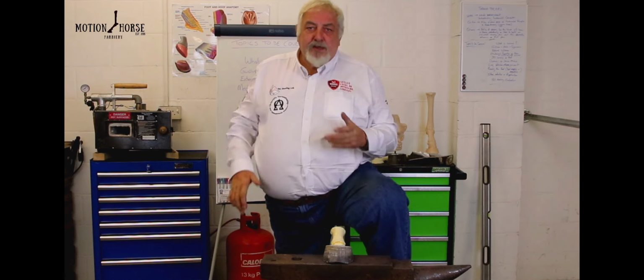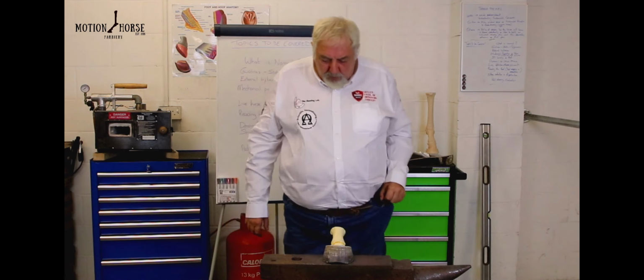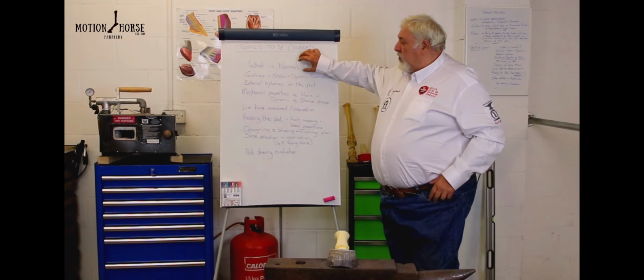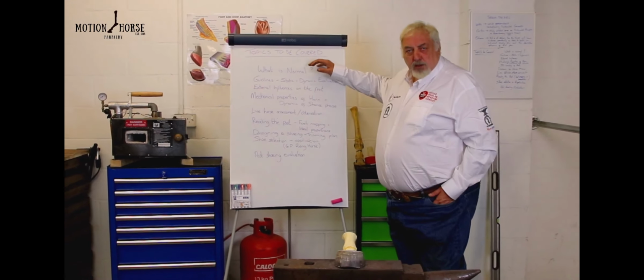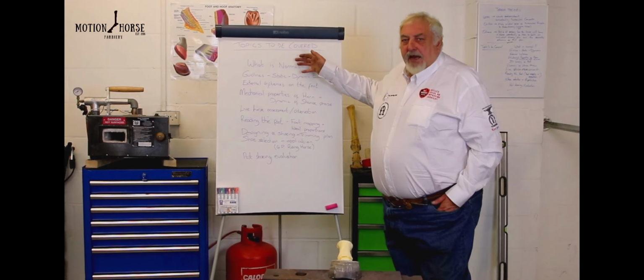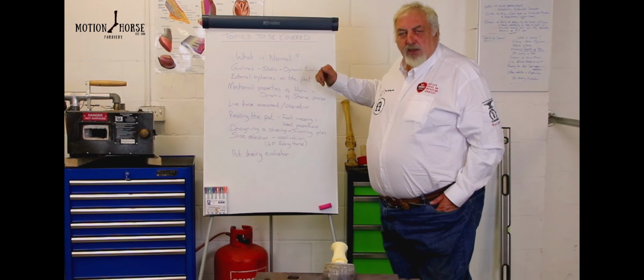So, what are these sessions going to cover? Well, over the course of these videos, we're going to look at a number of sessions. The first thing that we're going to talk about is what's normal. Everybody kind of refers back to an ideal model and assumes that that's normal for every single horse.